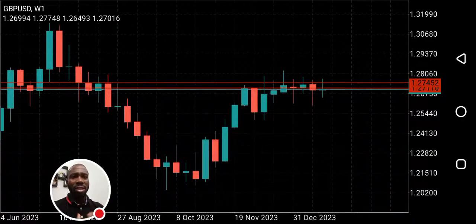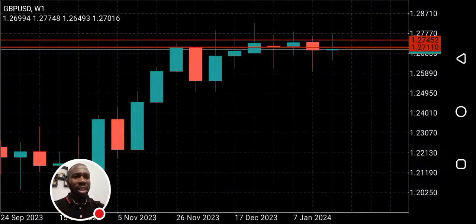So I think what is likely going to play out this week, if a 4-hour candle closes above that resistance, one could consider selling. But considering how last week's candle closed, as this is a spinning top, or you call it a doji, spinning top and doji indicate a change in trend from bullish to bearish.